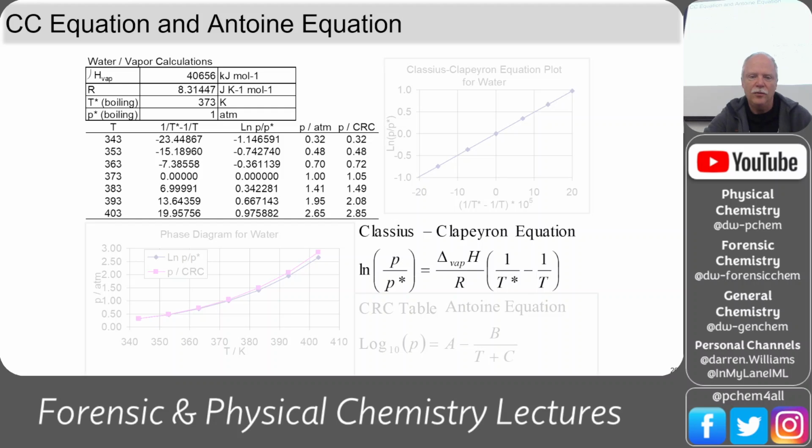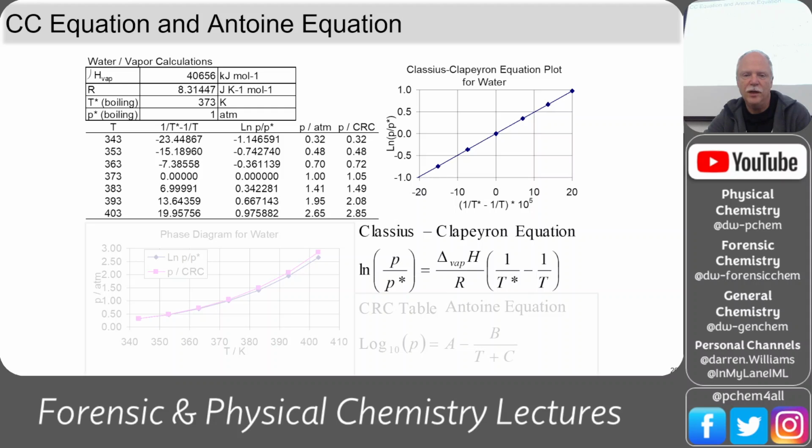And then there's other equations that could map out the vapor pressure of a fluid, and this would be the Antoine equation. So here's the Clausius Clapeyron equation for water, and then here is the Antoine equation. So sometimes you can find the delta H of vaporization.